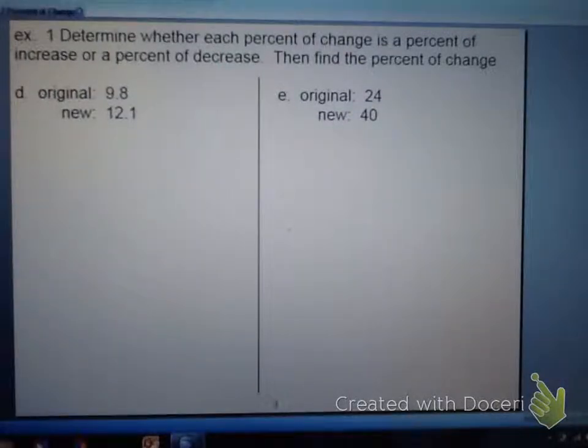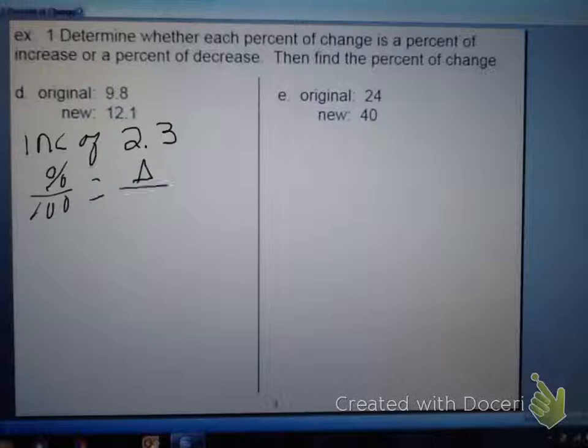Example 1D, we're going to find the percent of change. The original is 9.8, the new is 12.1. That is an increase of 2.3. The formula is percent over 100 is equal to the amount of change over original. We don't know the percent.